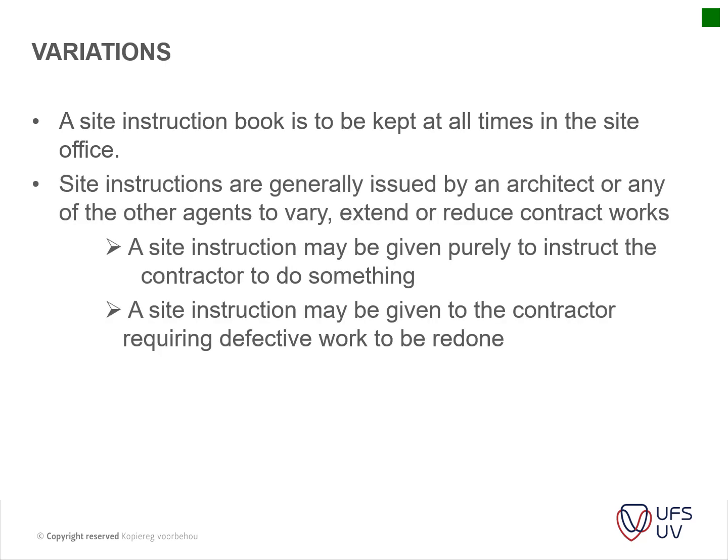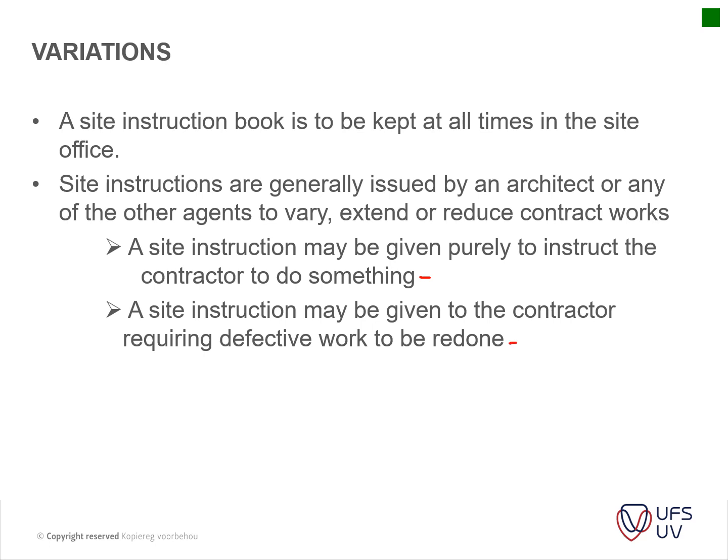Site instructions are generally used by the architect or any other of the agents and may vary. They extend or reduce contract works. A site instruction may be given purely to instruct the contractor to do something that he's supposed to do anyway, like for instance housekeeping, keeping the site nice and clean. And then site instructions may be given to the contractor to address defective work.